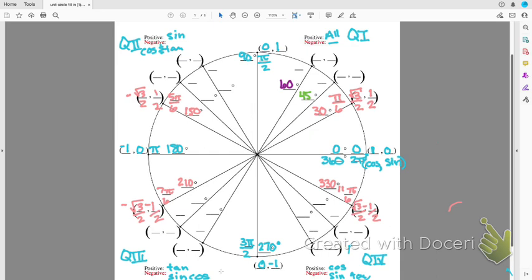Okay, I want you to take the next angle we have going up, which is 45, yeah? Okay, so I want you to take your 45 triangle and place it in there. Make sure your bottom is on the x-axis. It has to lay on the x-axis.